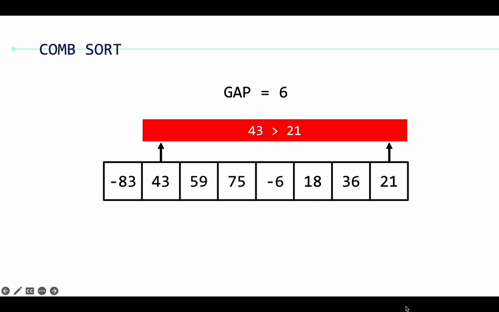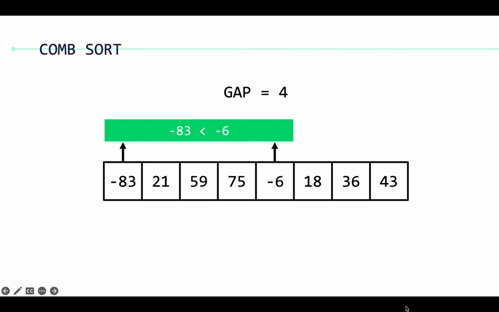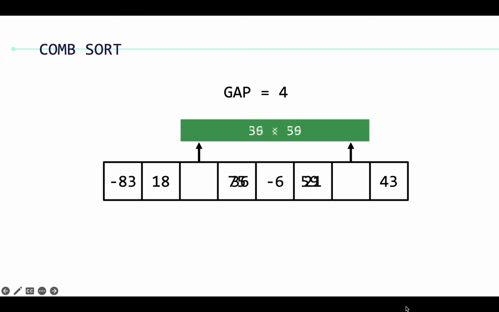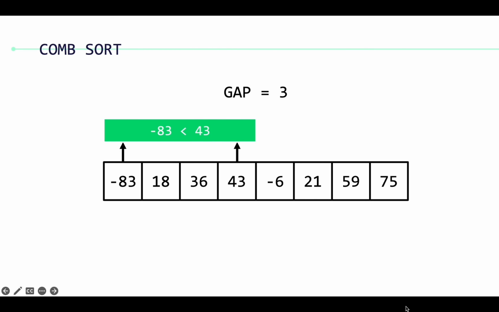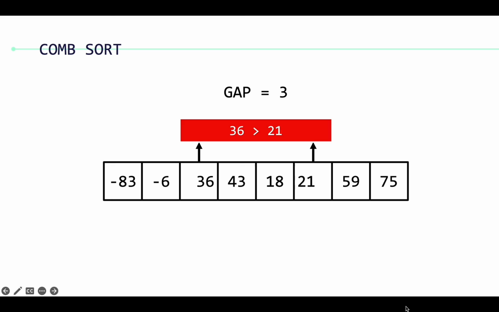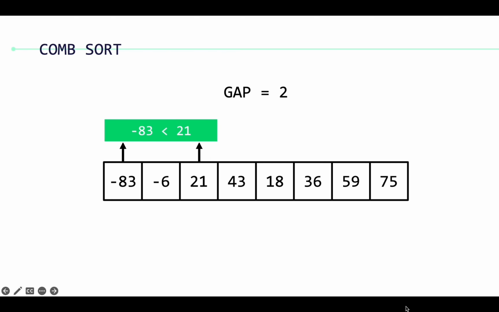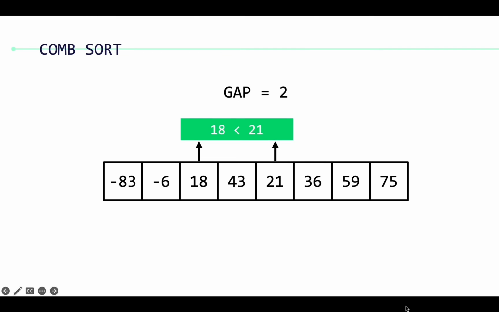Next, comparing 43 and 21. 43 is greater than the latter one, so we'll also swap them. So after finishing the first pass, we will shrink the gap again by a factor of 1.3. In this case, 6 will become 4, and the process continues until the gap is 1 and the array is already sorted.